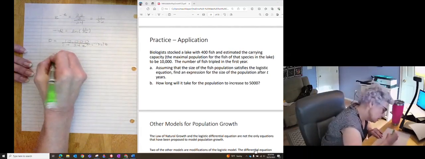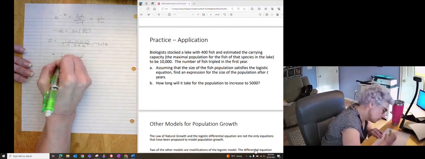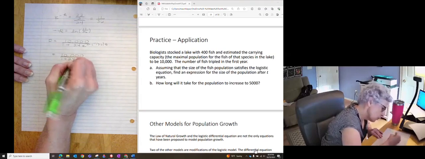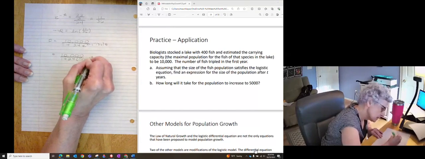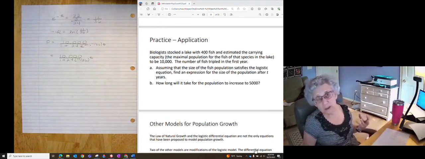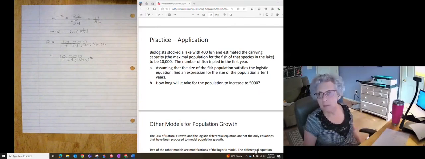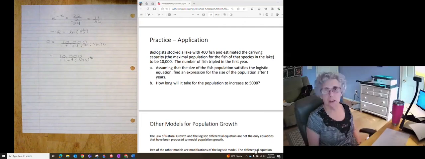So this is really 10,000 over 1 plus 24 times 11 over 36 to the t power, which is a little friendlier than having that decimal, and it's a lot more exact. So when you figure out how long it will take the population to increase to 5,000, it will be a more precise answer. So do that now.